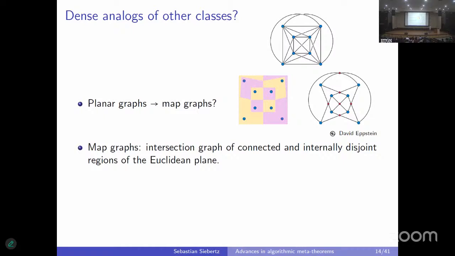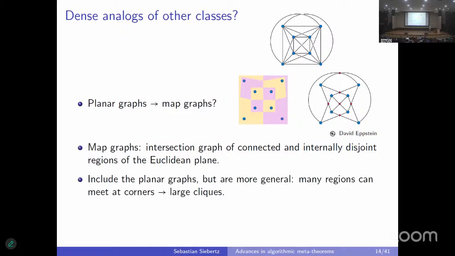Then you connect two of these vertices whenever they share a point. So they are like planar graphs, but we can have an intersection point of many regions in a common point. In the middle you see many regions meeting at one point. So we can have very dense map graphs, as opposed to planar graphs, which are very sparse.